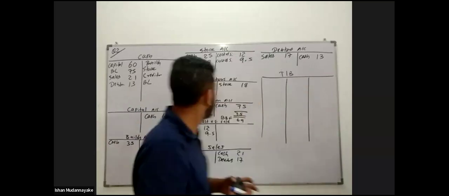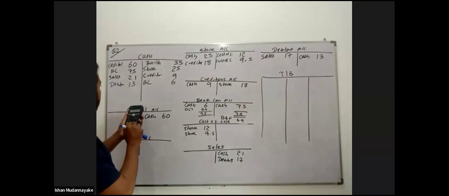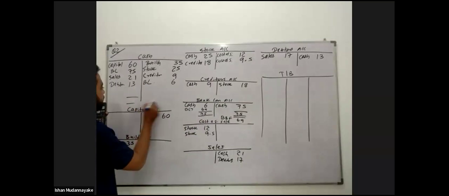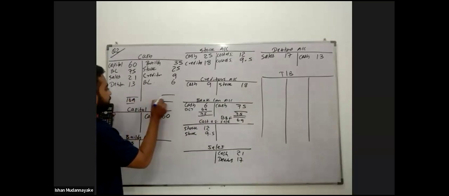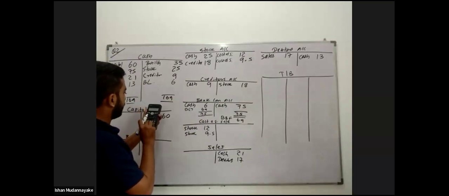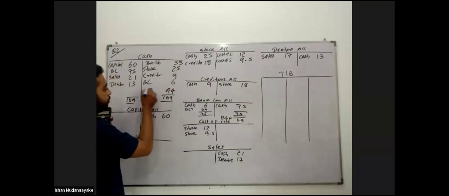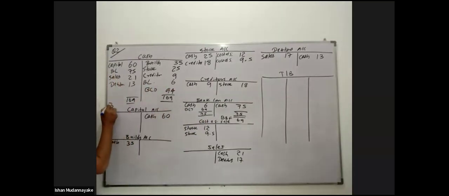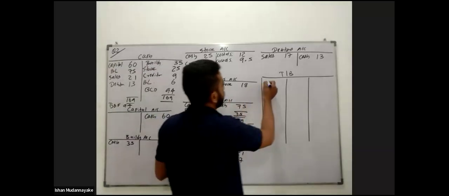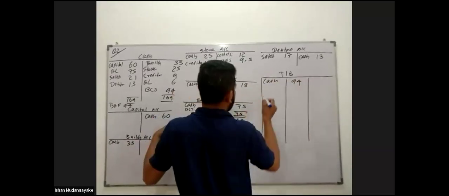Check the answer again. Cash balance: 60 plus 75,000 plus 21,000 plus 13,000, cash 169. 169 minus 35, minus 25, minus 6, gives 94. Cash balance 94. Capital 60.